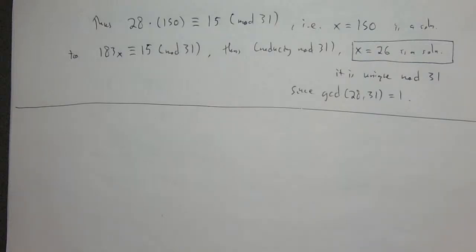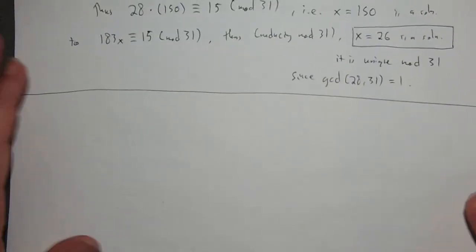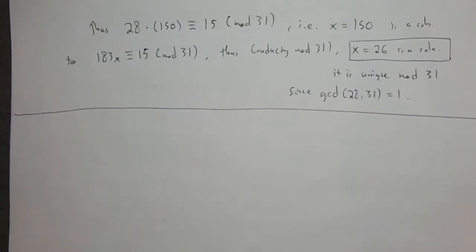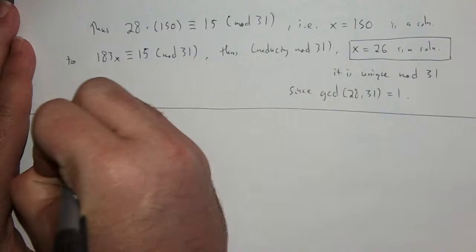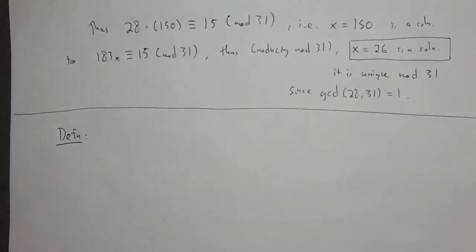So how does this relate to what I want to talk about next? The next immediate thing that I want to do is discuss multiplicative inverses in the mod world.